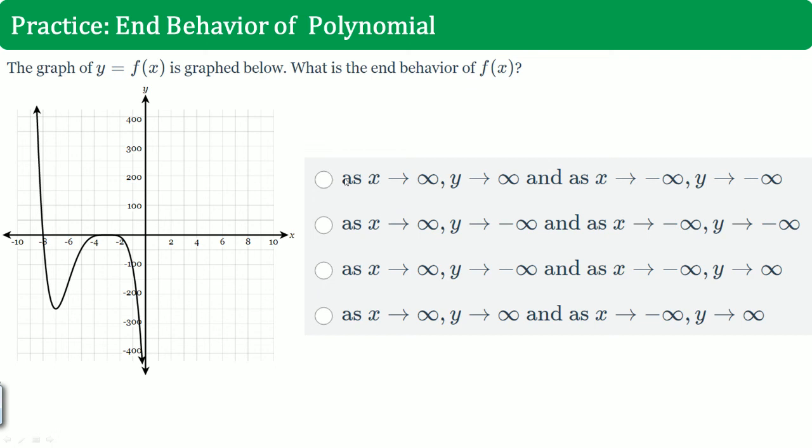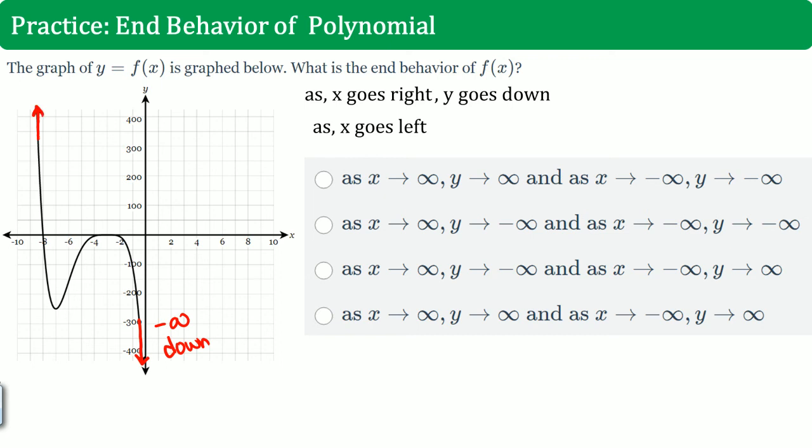Lastly, this case. As x goes to the right, we saw that y goes to negative infinity. It goes down. Then as x goes to the left, y goes up to positive infinity. It goes up. So let's take a look. When y goes down, it's negative.